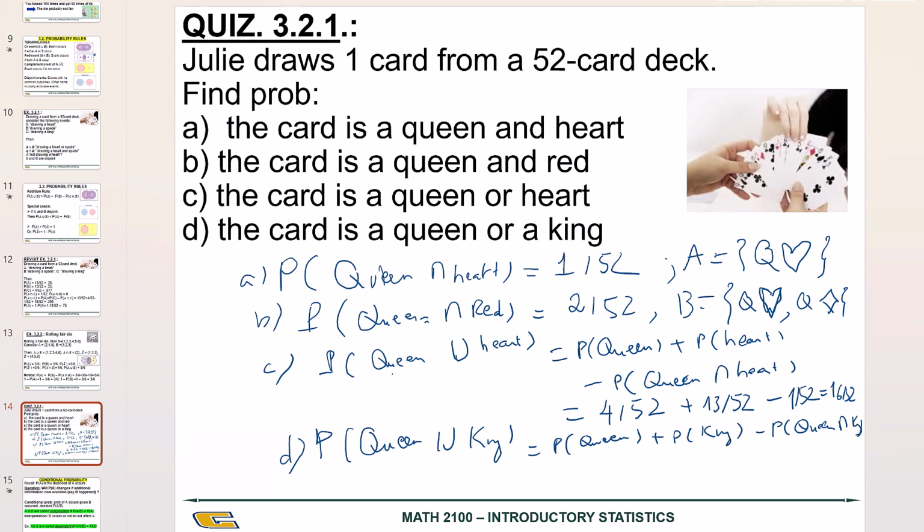Probably a queen, we have 4 queens for 52. Probably a king, we have 4 by 52. And queen and king is an impossible event, it cannot happen that way. So that is 0 by 52.